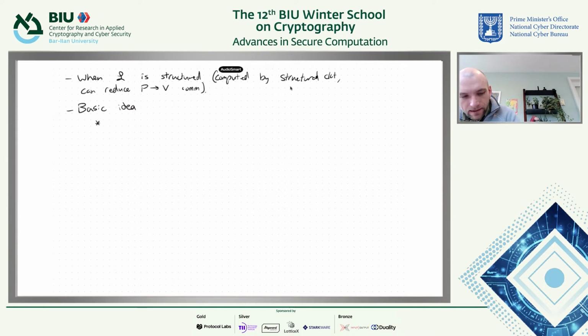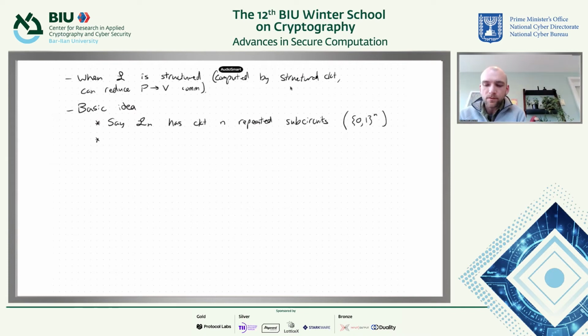So the basic idea is say that the language L of n has a circuit of size n with n repeated subcircuits in it. So there's some structure that's repeated n times in the circuit that recognizes this language. Actually, the circuit for checking {0,1}^n is of this form, because you're doing x_i times (x_i minus 1) a bunch of times.